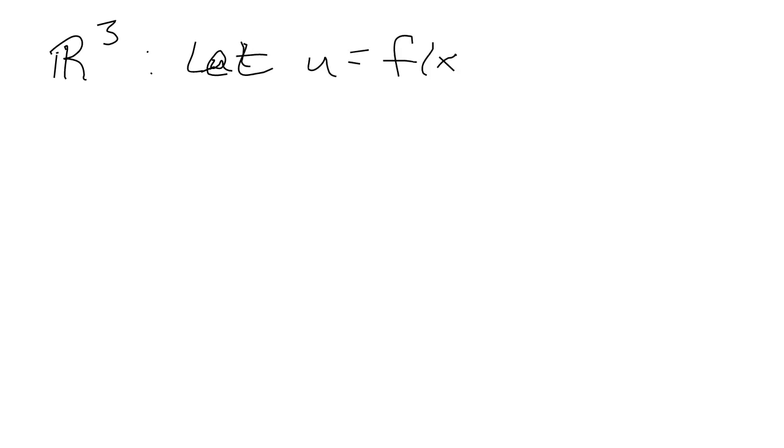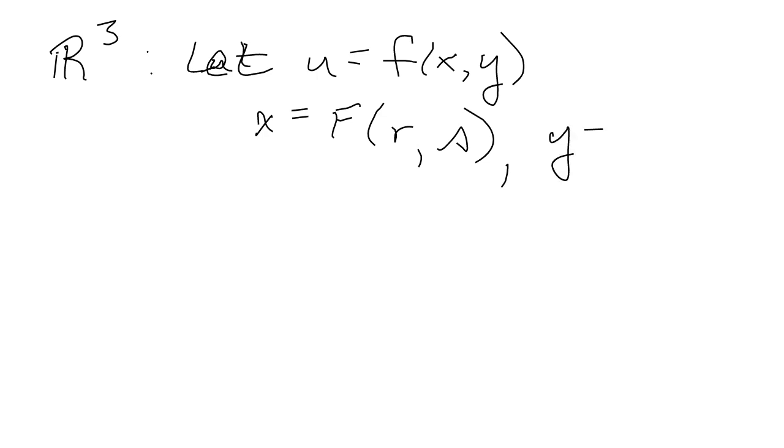Okay, so now let's go to partial derivatives and see how it works in 3 space. So we've got R3 here. We're going to let u equal a function f of x and y, and then we're going to let x be a function of 2 other variables, r and s, and y is going to be a function g of 2 variables, r and s.